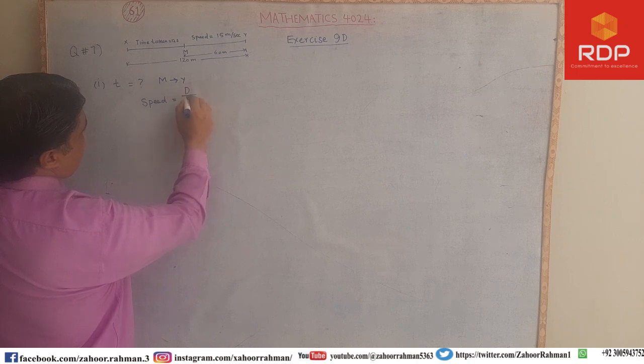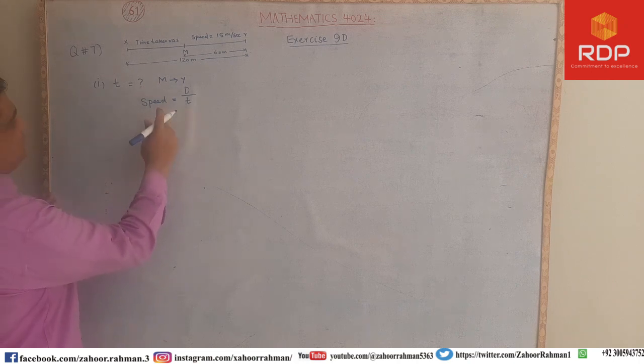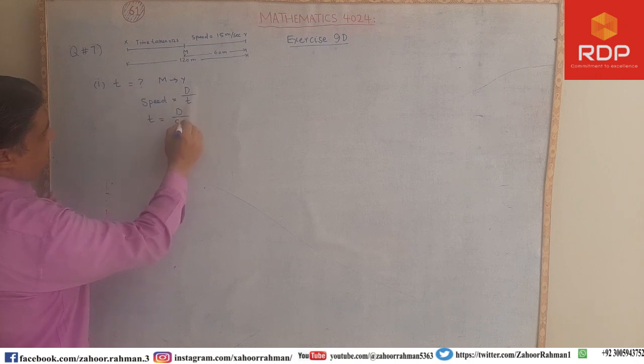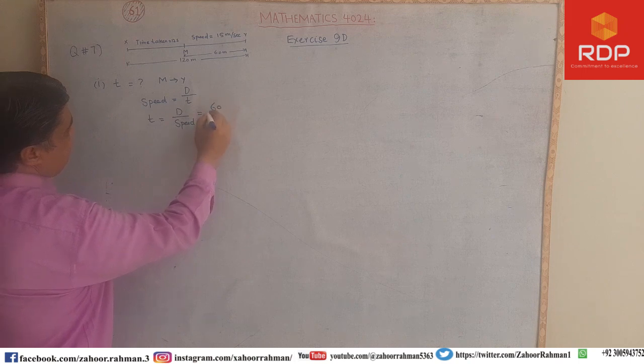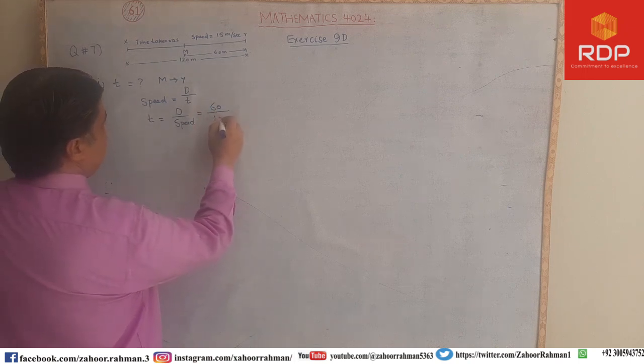So d divided by t, and because we are finding the t, we can write this equation as d divided by speed. Now the distance is 60 and speed is 15.